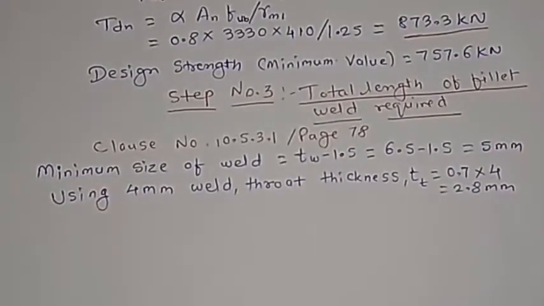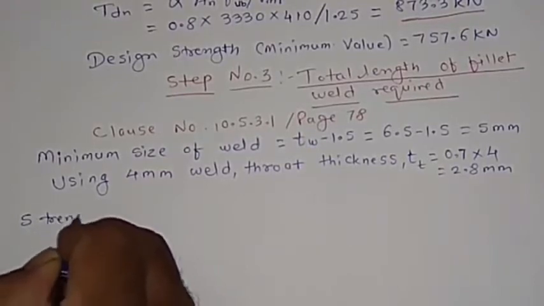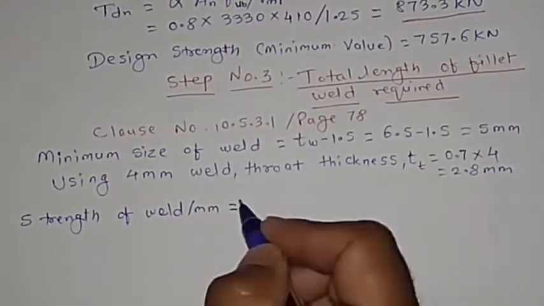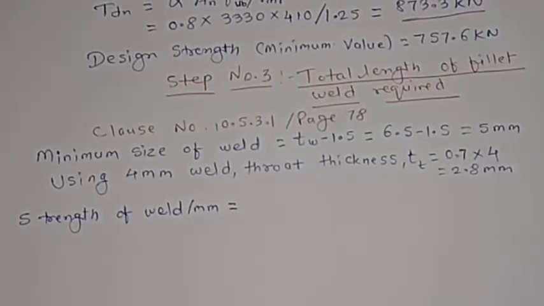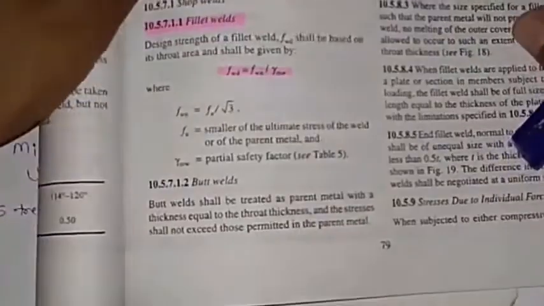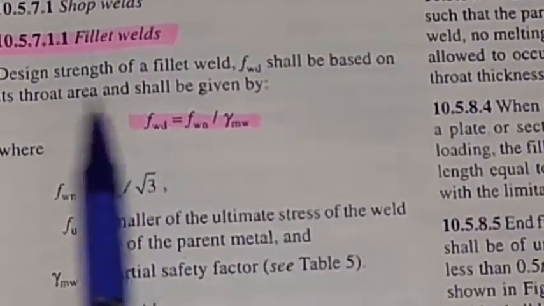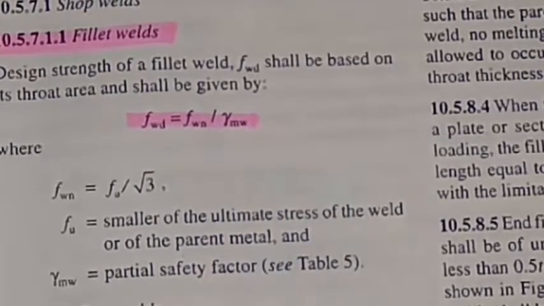And now we need to calculate the strength of the weld per mm. So the strength of the weld per mm is equal to, on page number 79, we have this clause 10.5.7.1.1, that is fillet weld calculation, design strength of the fillet weld, which is FWN by gamma mW.